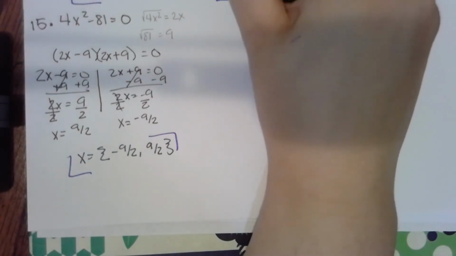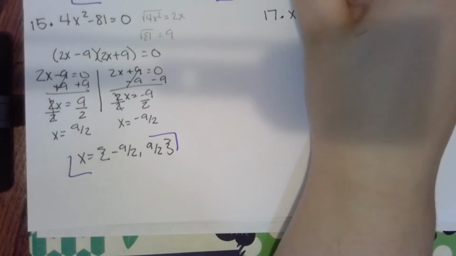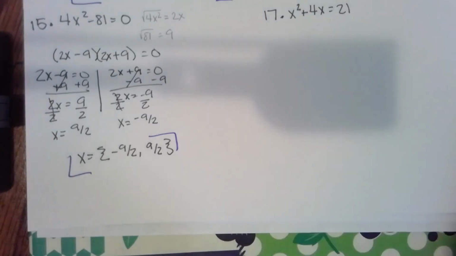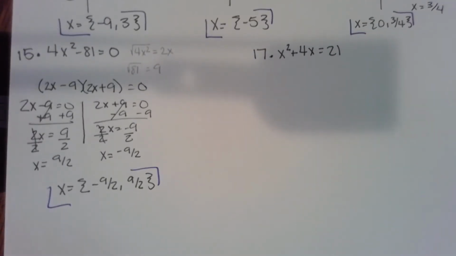Alright, and then number 17. x squared plus 4x equals 21. The first thing to note about this one is that it is actually not already equal to 0 like the other ones were. This one is equal to 21. So you have to get it into the correct position for this to work.